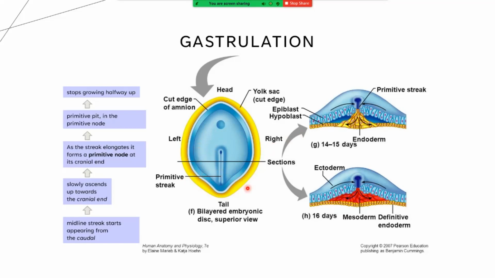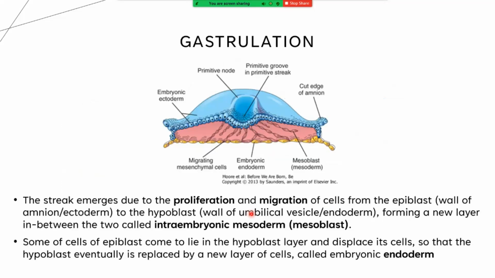So this is the process of gastrulation that we can describe externally. What is actually happening behind this process? The streak emerges due to the proliferation and migration of cells from the epiblast to the hypoblast. Because of this migration, they form a new layer in between the original epiblast and hypoblast, which is known as the intraembryonic mesoderm, the mesoblast.